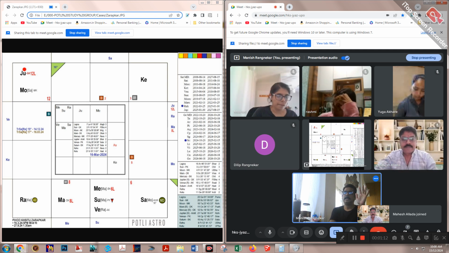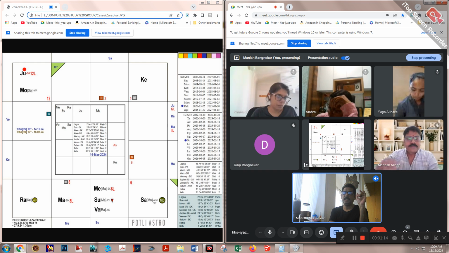Then identify the MD and the AD, the Mahadasha and Antardasha lord. So that becomes sixth. And seventh, which should be like backup data, is your Dashas, Vimshottari Dasha and the Jaimini Dasha.